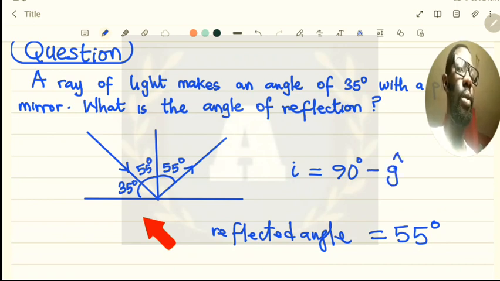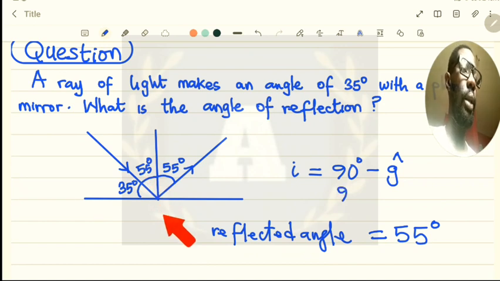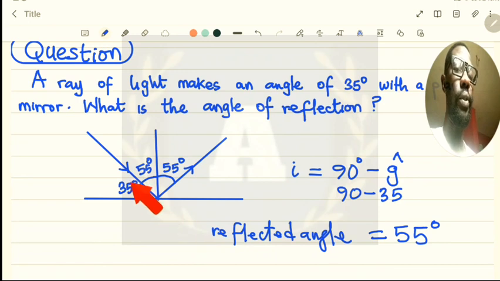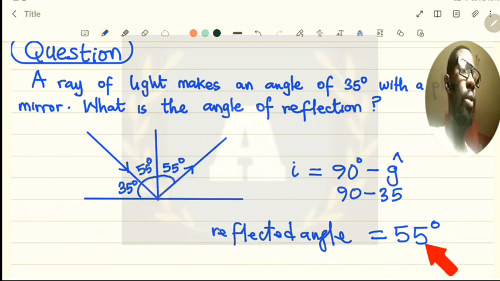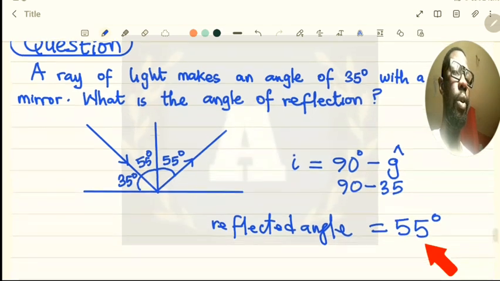So you get the incidence ray, that is 90 minus 35. So the incidence ray is 55 degrees, because the incident angle is equal to the reflected angle. So the reflected angle is 55 degrees.